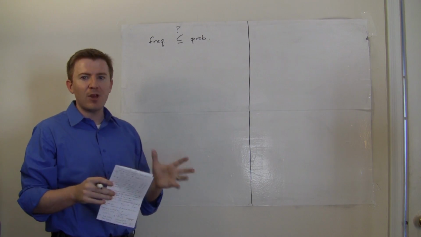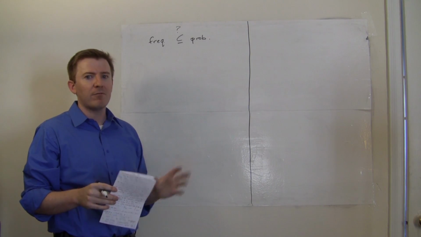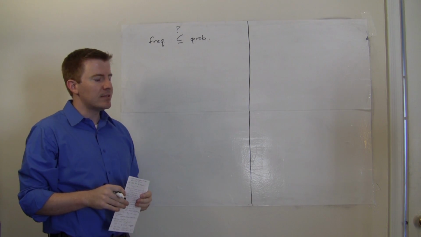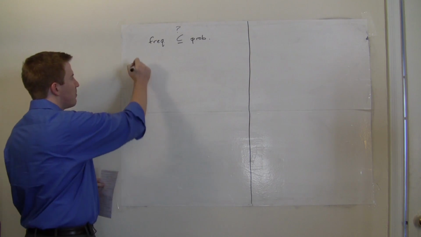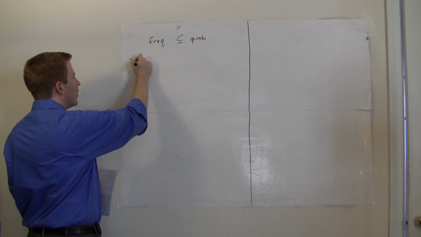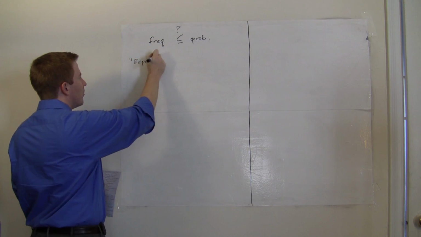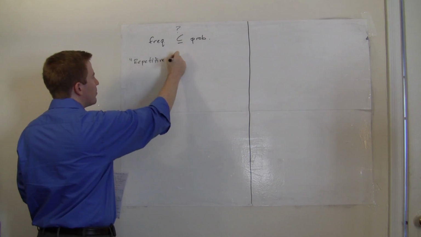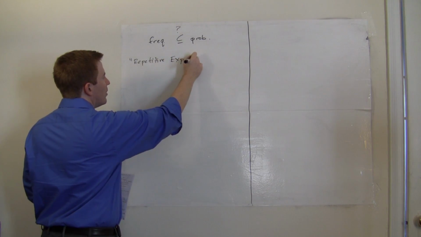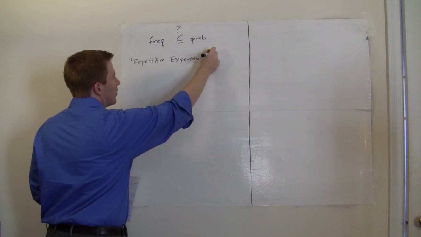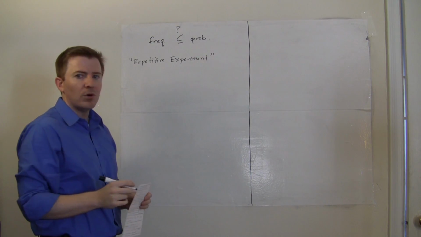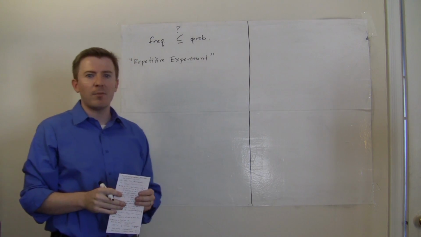So the general framework that we're going to think about for this chapter is what Jaynes calls a repetitive experiment, which is the kind of thing that, in the frequentist school, we would talk about all the time.